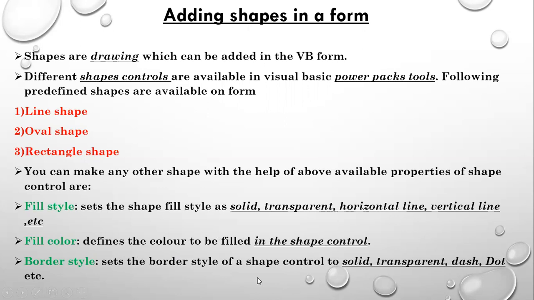The third property you see is border style. Border style sets the border style of the shape control. As the name suggests, it can be solid, it can be transparent, it can be dash, or it can be dotted. I can give my border as per my preference.